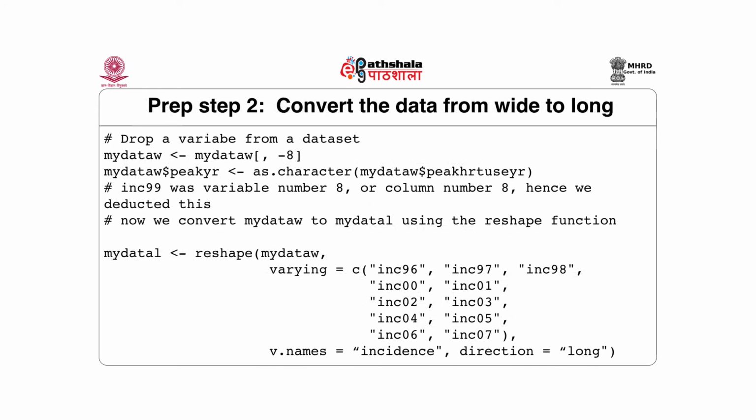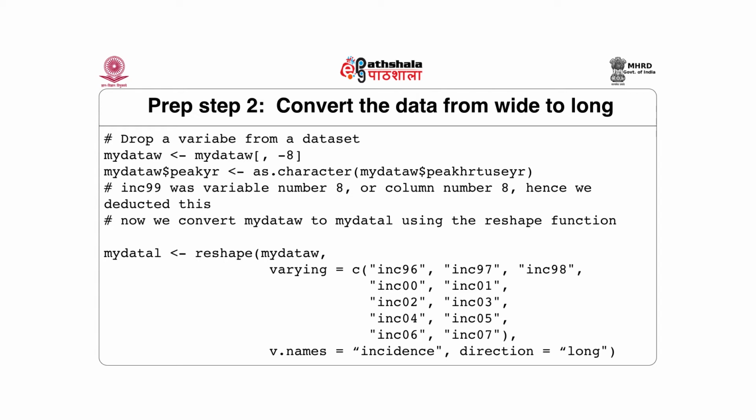In the preparatory step 2, we are going to convert the data from wide to long. Now this is very important if you're dealing with what is known as longitudinal data. In this particular case, we are dealing with longitudinal data, and therefore we start with data which is in wide format. That is, each of these years is presented in the form of single columns, and we have then converted that data into a longitudinal data format.